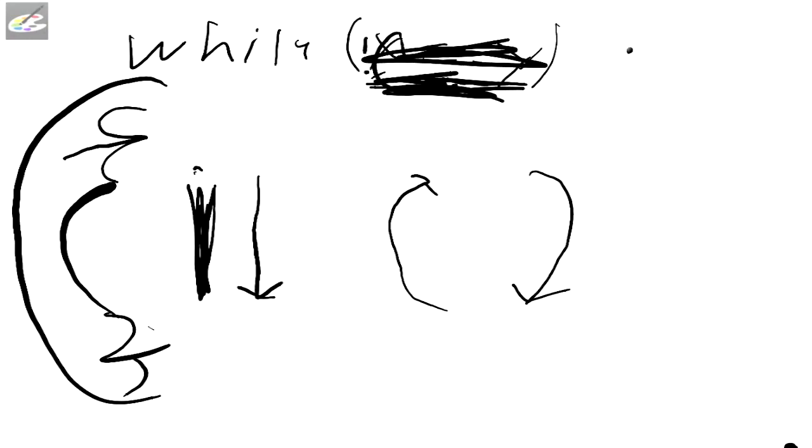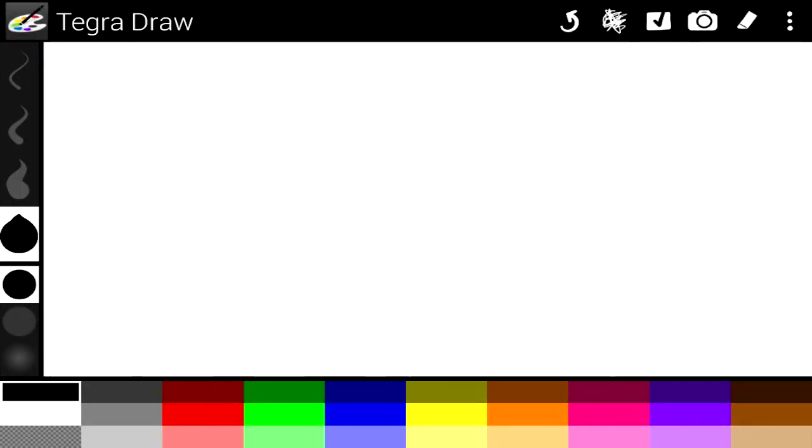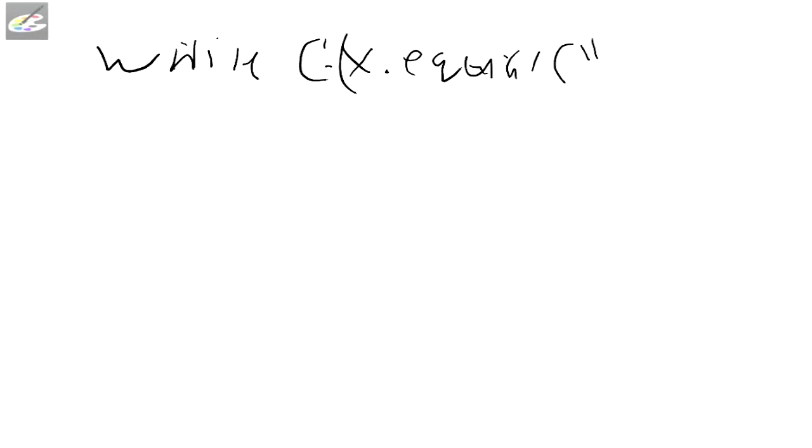So let me rewrite that again. We're going to say while X does not equal quit. And that's a string, by the way. Whatever's in between these two quotation marks is a string.